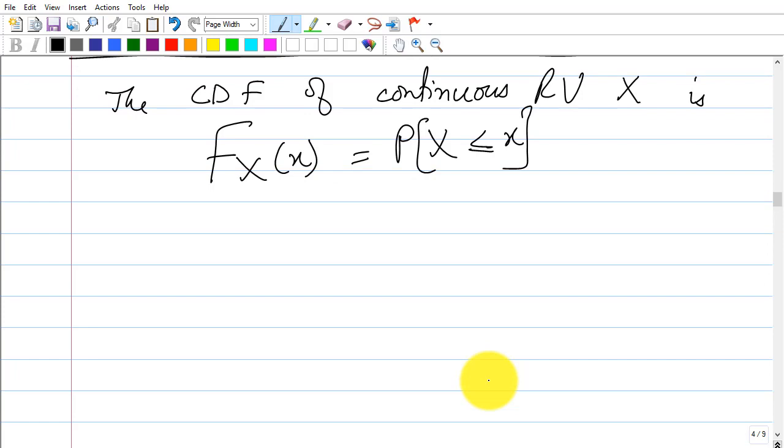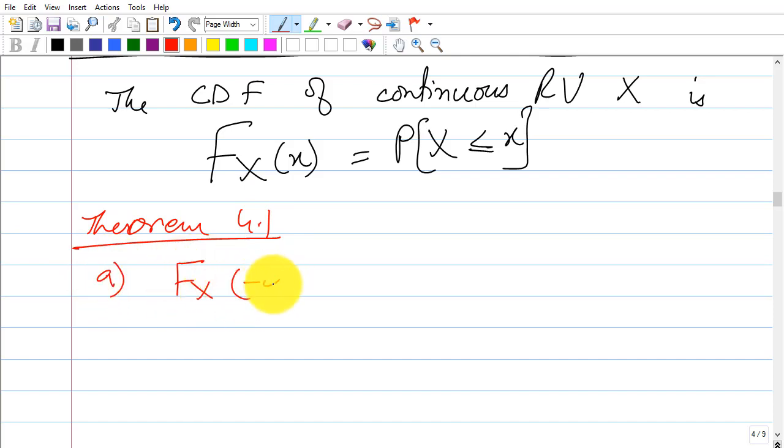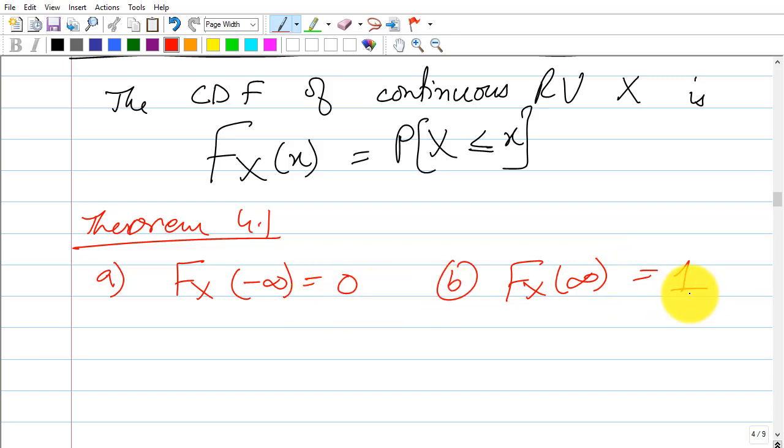So the properties of the CDF of a continuous random variable are the same. It is defined in the book as theorem 4.1. The first part says that it starts from 0. Part B says that at positive infinity it reaches 1. So as we know, it starts from 0 and ends at 1.